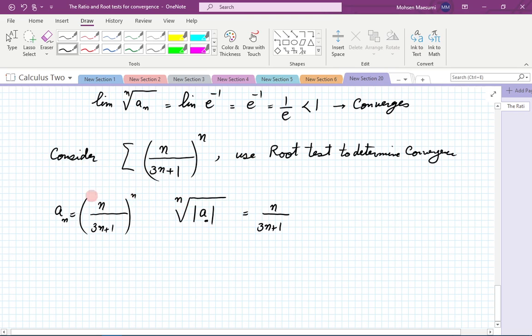And now if I ask what's the limit of this as n goes to infinity, it means I'm taking the limit of this fraction as n goes to infinity. Well, this is something you see in pre-calculus and such. The ratio is 1/3. As a result, we can say the series converges.